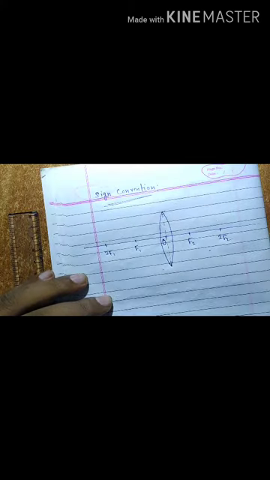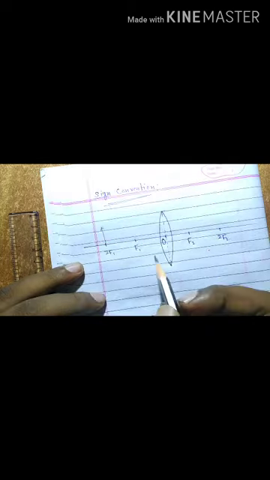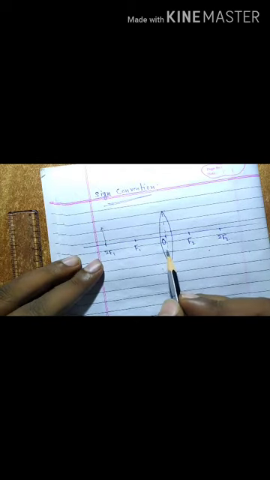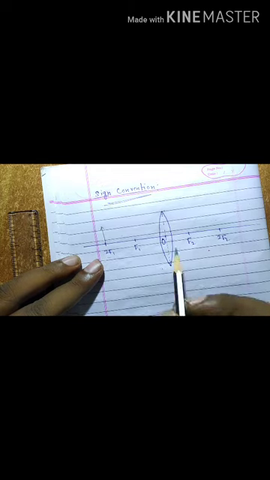All the distances parallel to the principal axis are measured from the optical center. Suppose here is an object beyond 2f1, or we can say here is an object at 2f1. So we will measure the distance from the optical center, from this side. Okay, this side. Don't measure from this side.